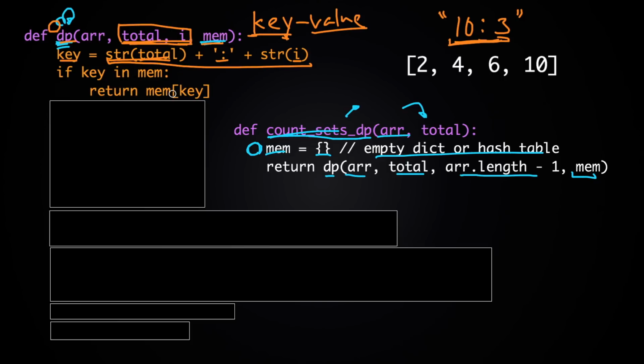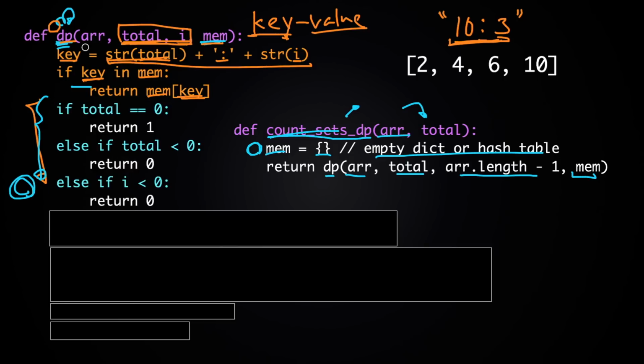And then if this key already exists in mem, that would mean that we've already calculated the return value for this particular total and I pair. So we're just going to return the stored value, the value that's associated with this particular key, instead of going through this whole function. And if we don't have any stored value associated with this key yet, we're going to go through this whole function, and it's going to be very similar to what we had earlier for the recursive solution.